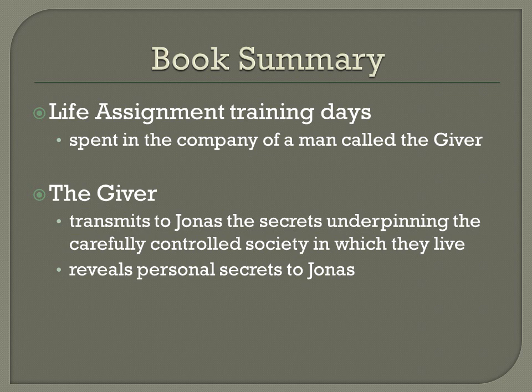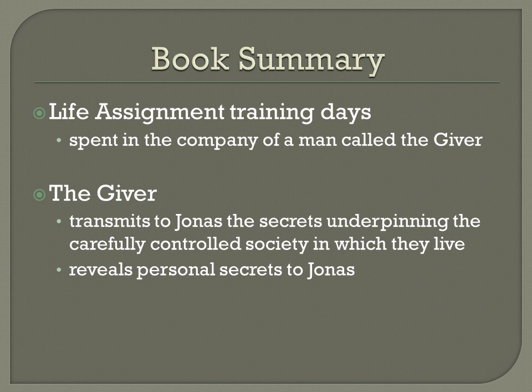During assignment training days, each of the children go to whatever they've been assigned to, and then they begin specific training on their life assignment. Jonas spends his training days in the company of a man called the Giver.